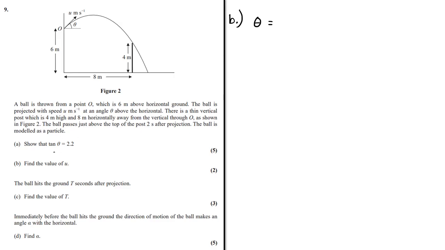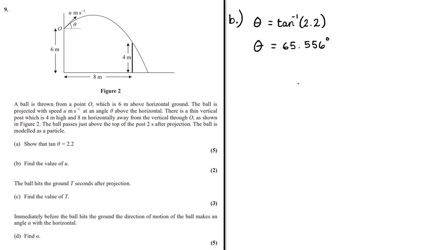That gives me theta on the left-hand side, equal to tan inverse of 2.2. All you need to do is put this into your calculator. What you get here for theta is 65.556 degrees.